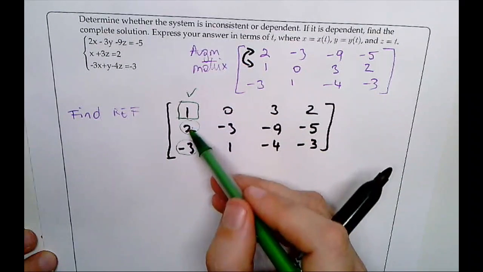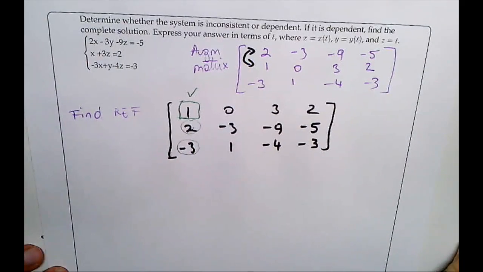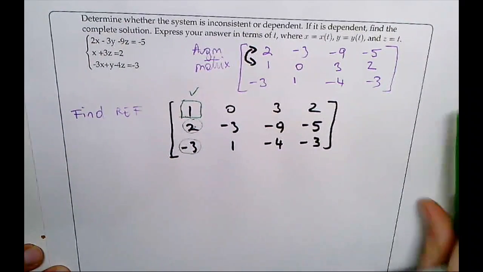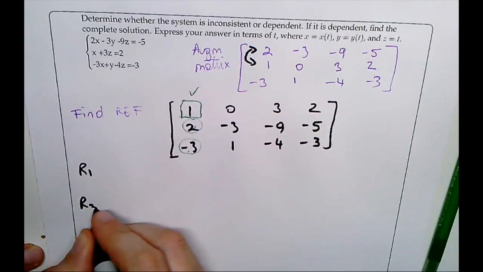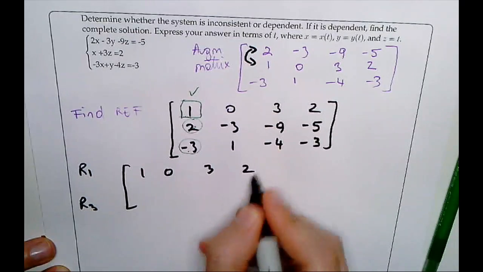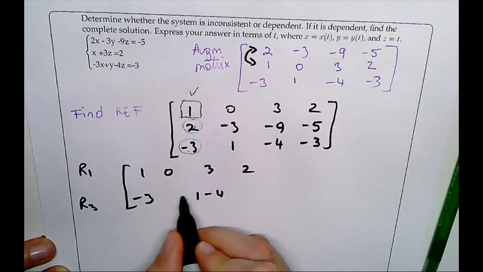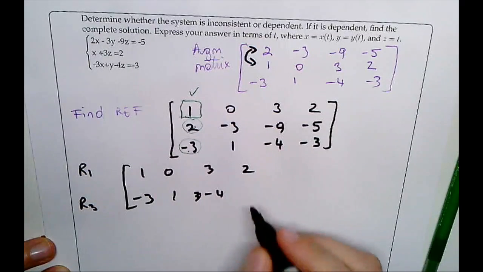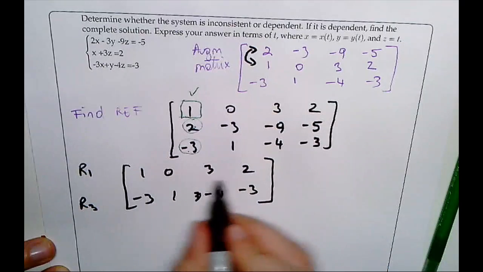So I need to make this a 0, and then we'll make this a 0. But we're going to do one thing at a time. So I'm going to leave row 1 unchanged and row 3 unchanged. So 1, 0, 3, 2, and -3, 1, -4, -3.